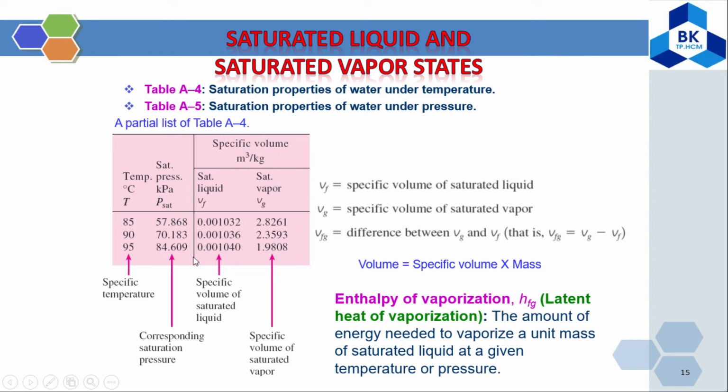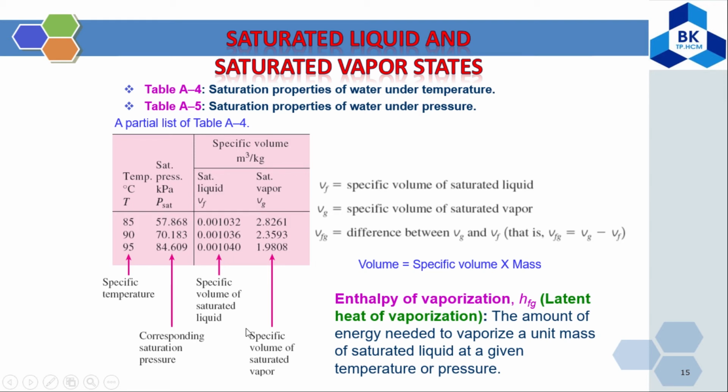For example, a partial list of table A4: given the temperature, we find the pressure, and then we get the specific volume, the saturated liquid VF and the saturated vapor VG.